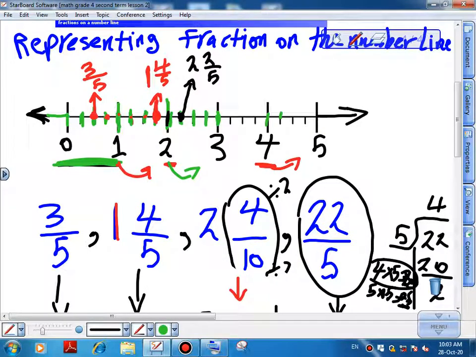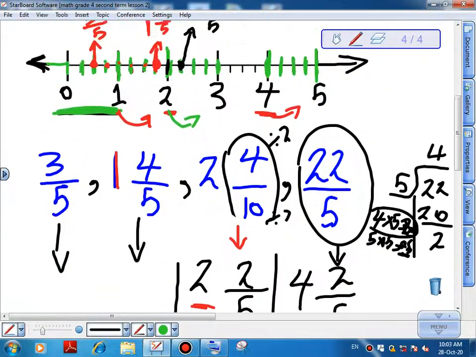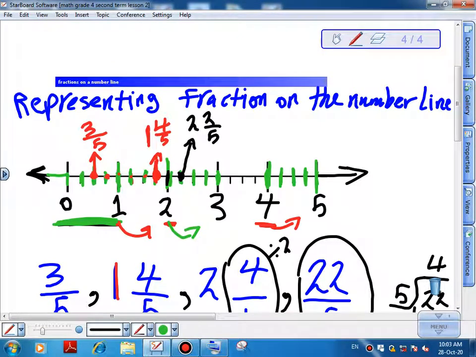We can divide this scale into 5 equal parts. 1, 2, 3, 4, 5 parts. 4 and 2 over 5 will be at this point, 1, 2 over 5.